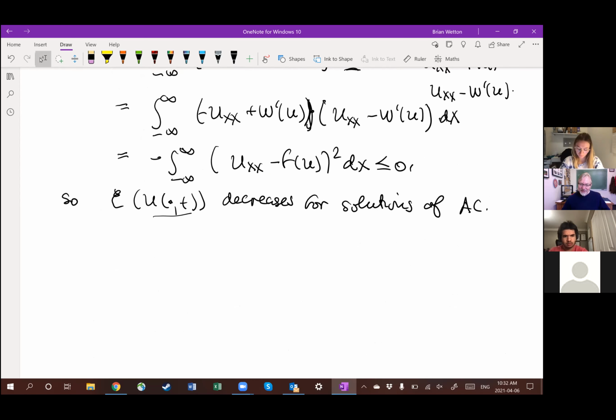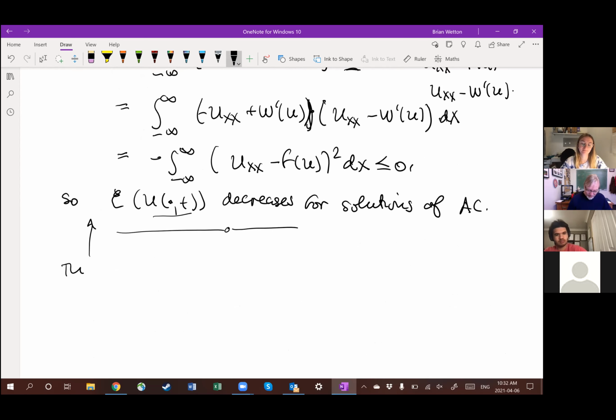Have people seen gradient flows before? Gradient flows, okay, a little. Okay, there's only one person that I can see on the screen, or two. So let me remind you or let you know a little bit about what these things look like in the finite dimensional case.